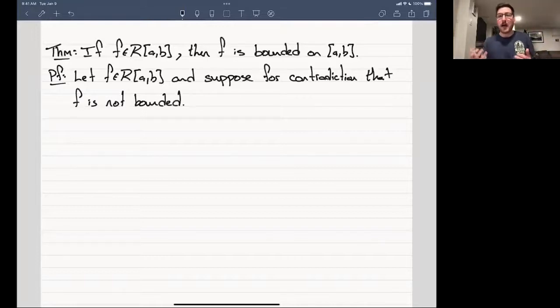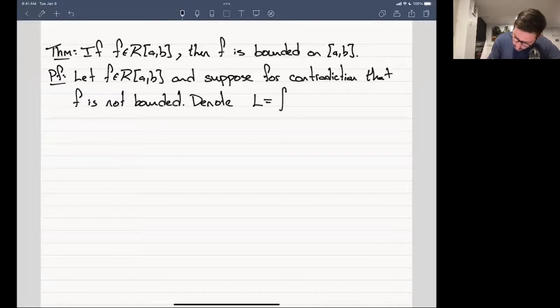Okay, so imagine we have an unbounded function that is actually Riemann integrable. So then let's denote L equal to the value of this integral. Remember, this is the definition of being Riemann integrable. So I'm just going to use L again for limit.